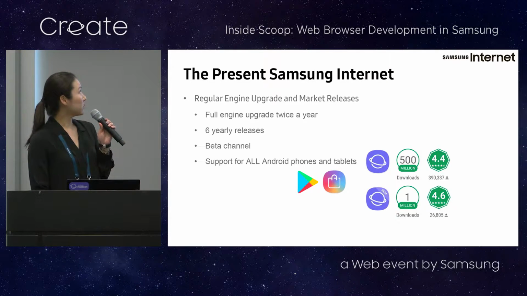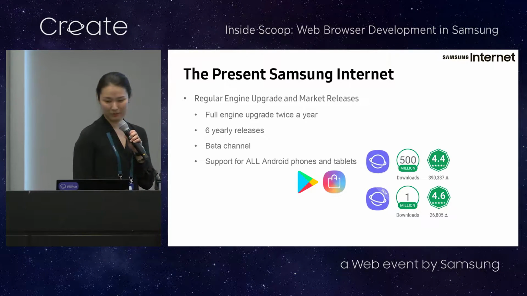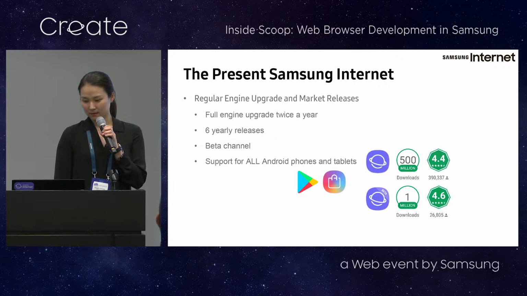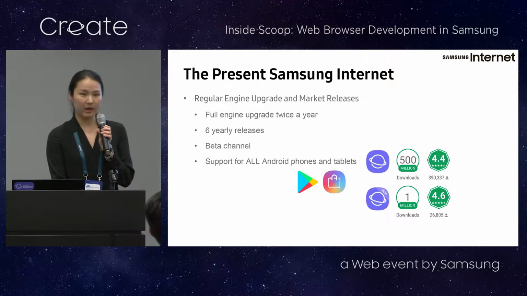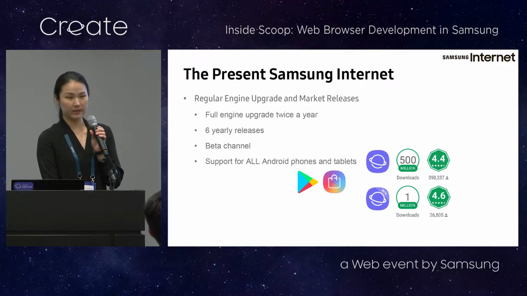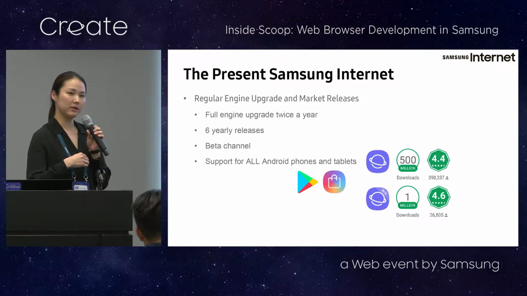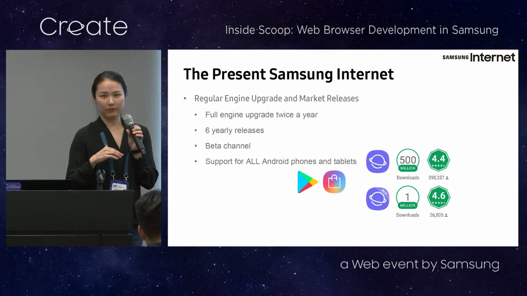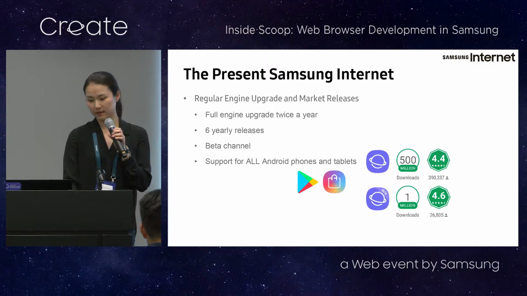So now Samsung Internet, as we shared several times in our previous talks, is regularly released in markets like Google Play and Galaxy apps. We have 2 full engine upgrades a year, and up till last year, we did 2 market releases aligned with the engine upgrades, but starting from this year, we are planning on 6 yearly releases.